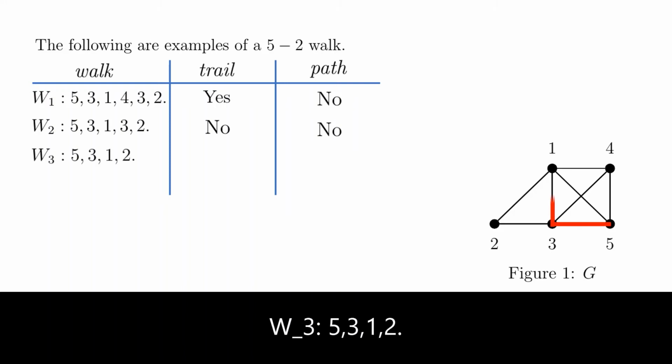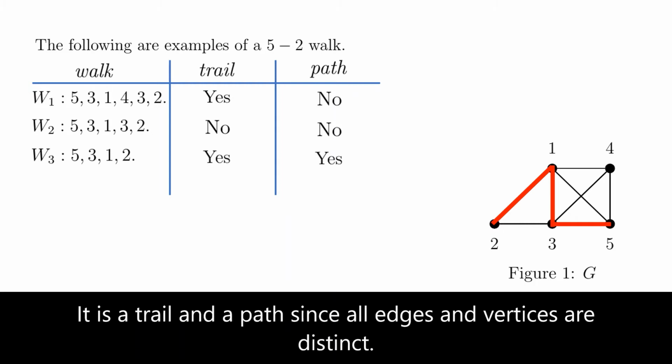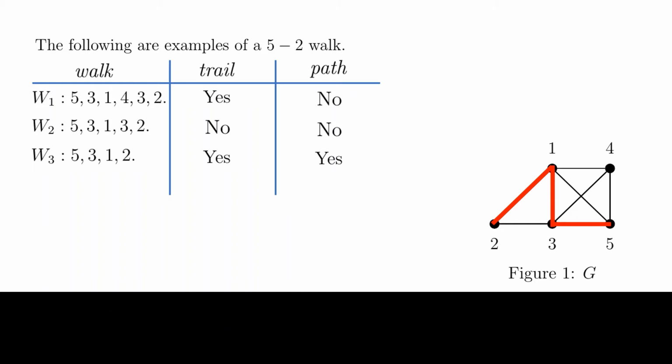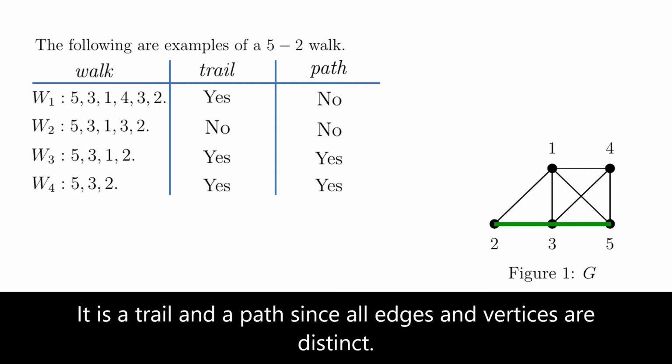W3, 5, 3, 1, 2 is a trail and a path since all edges and vertices are distinct. W4, 5, 3, 2 is a trail and a path since all edges and vertices are distinct.